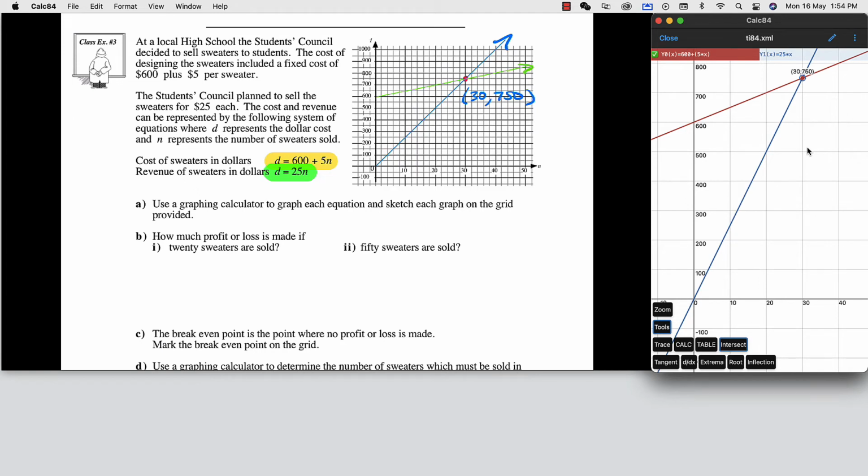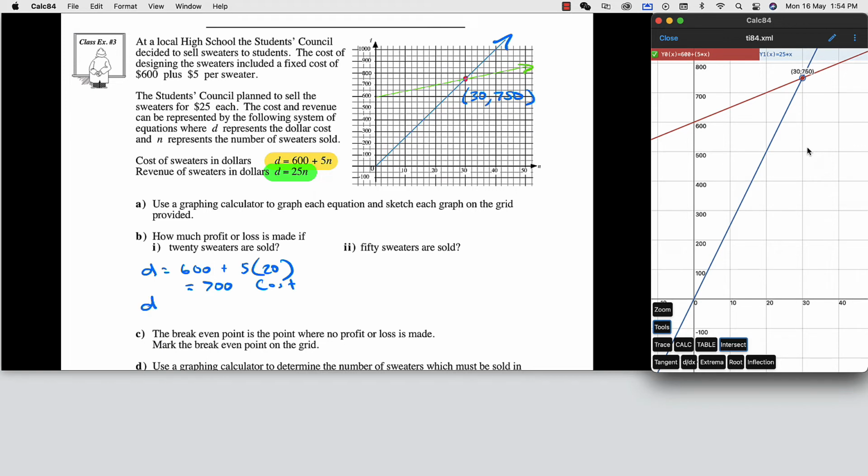So for the cost, I can do it by hand, or I could use the functions on the calculator. But the cost is going to be 600 plus 5 times 20. And 5 times 20 is 100, and plus 600 gives me 700. So that is our cost. And what about the revenue?